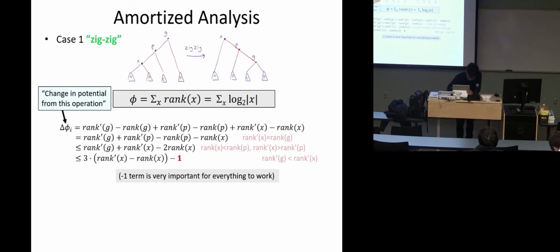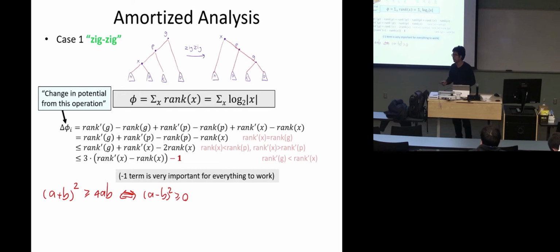The first thing is to note that this thing squared is at least 0. This is true just because for any numbers a and b, (a minus b) squared is at least 0.